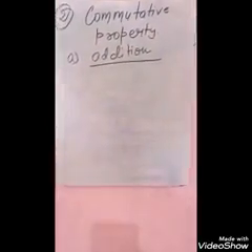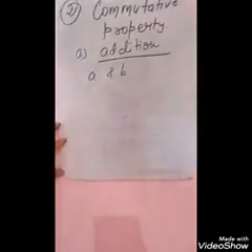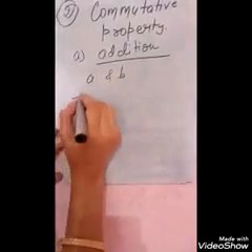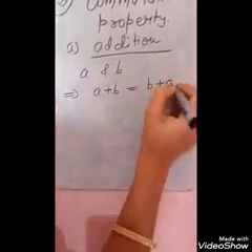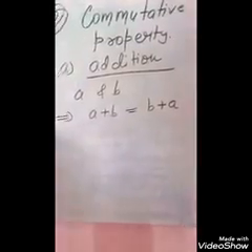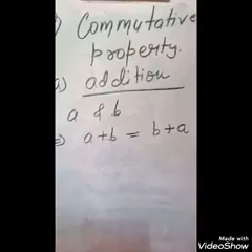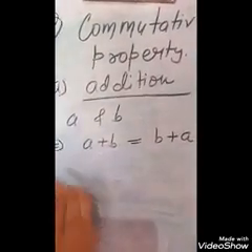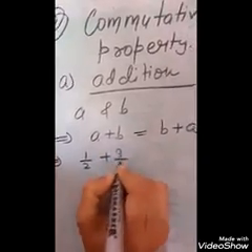According to the commutative property for addition, if A and B are rational numbers, then A plus B is equal to B plus A, and we can say that rational numbers follow the commutative property. Now take two examples. First, 1 by 2 and 3 by 4.